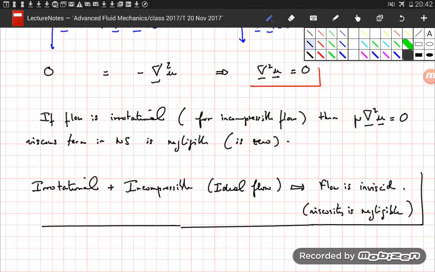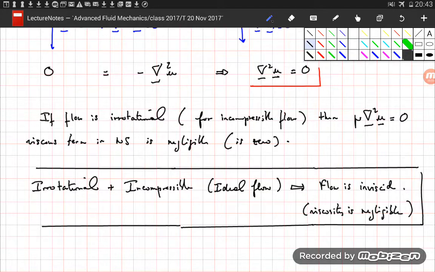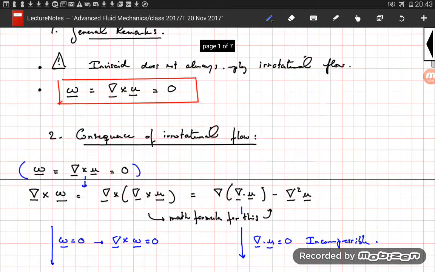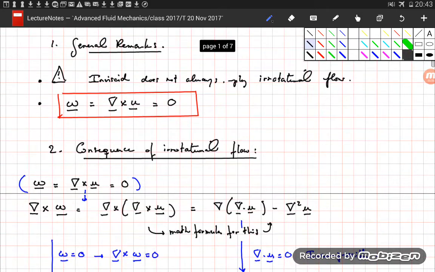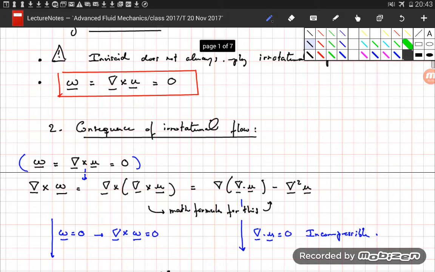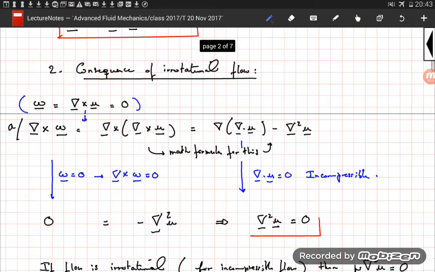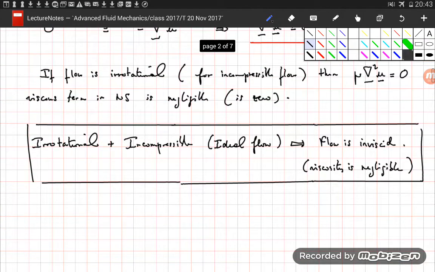And the other one, which is very important as well, is the following. This is a consequence of irrotational flow. So if the flow is irrotational and incompressible, it is inviscid. And the other one is the following, which we hinted at last time. If the velocity field is curl-free, mathematically, that means that the velocity field derives from a potential, from a velocity potential.